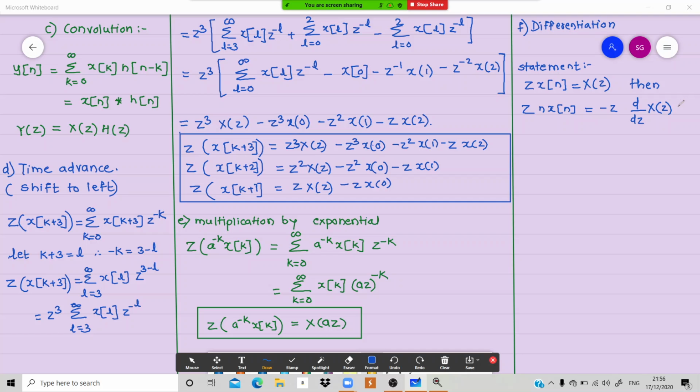Okay, right. Whenever it is a variable, we represent it by small letters. Whenever you are taking the Z transform, that should be represented by capital Z. Just like in the Laplace transform you represent it by capital L, on the same line. So I'm talking about the proof for that.